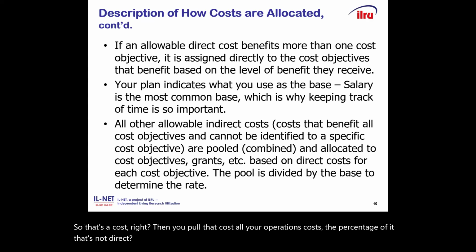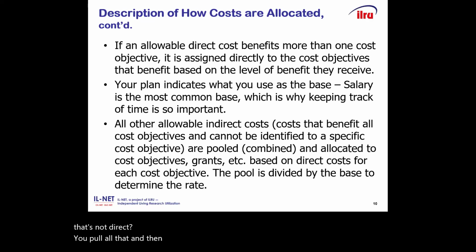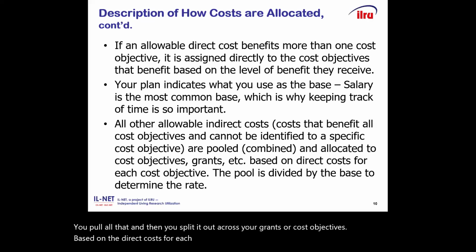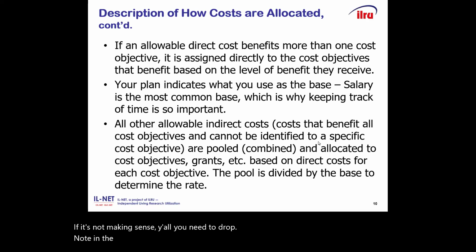You pool all that and then you split it out across your grants or cost objectives based on the direct costs for each cost objective. So it's a percentage that's applied to spread it back out across your costs. I hope that made sense. If it's not making sense, y'all, you need to drop a note in the chat and say so, please.